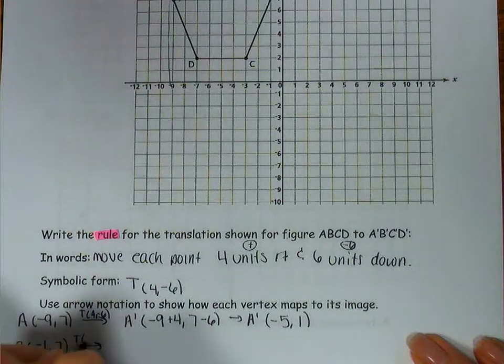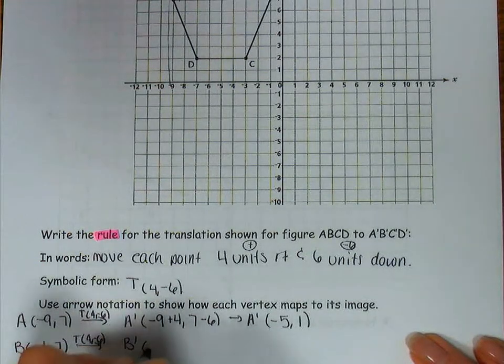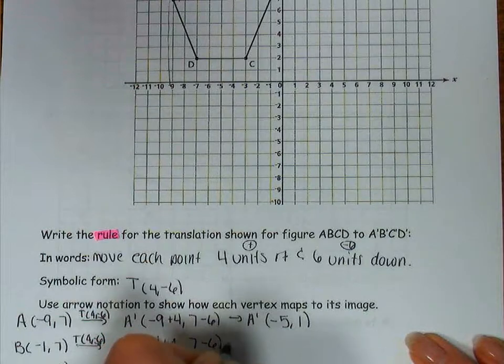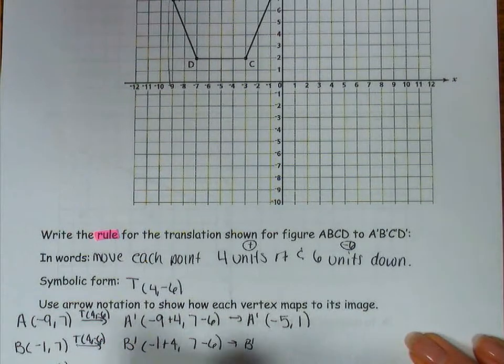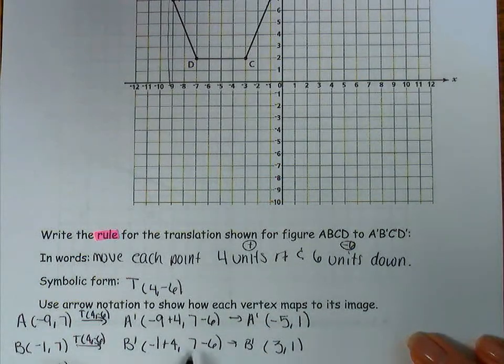Again, T <4, negative 6>, B prime: negative 1 plus 4, 7 minus 6. So B prime is going to be 3, positive 1, because positive 7 minus 6 is 1.